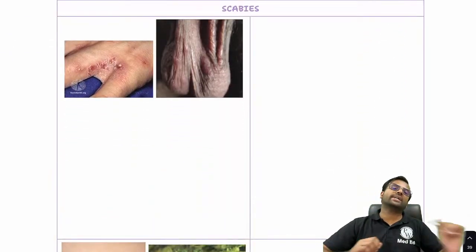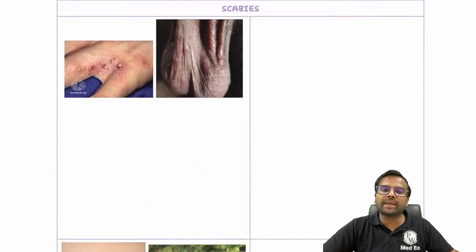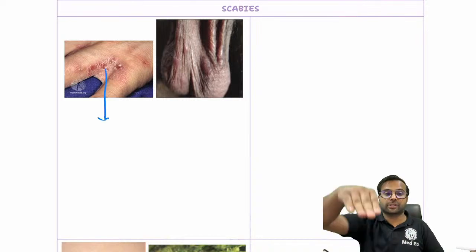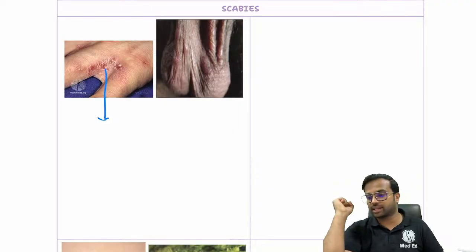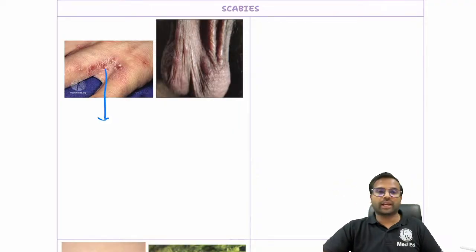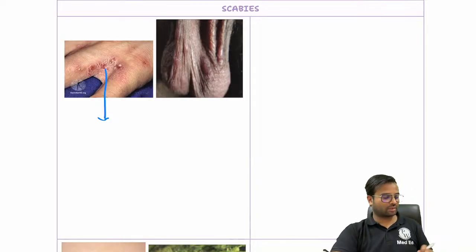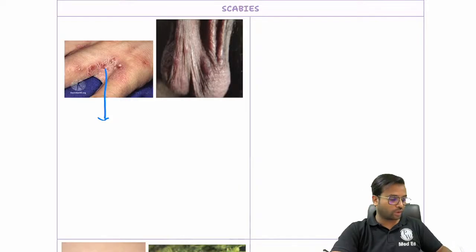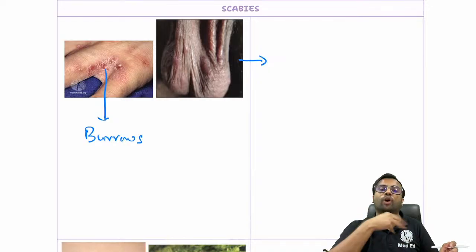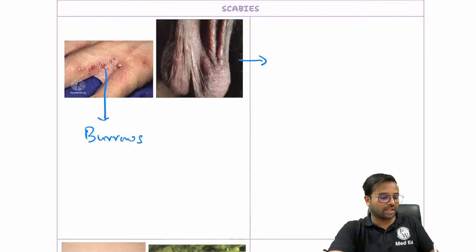And next one is about scabies. Now tell me, what are the typical lesions that you can see in scabies, especially in between the finger webs? Anyone? Can you answer me quickly? So in scabies, the type of lesions that you can find is, very good, these are called as the furrows. And whenever there is a scabies which shows some nodules in the scrotum, these are called as nodular scabies.